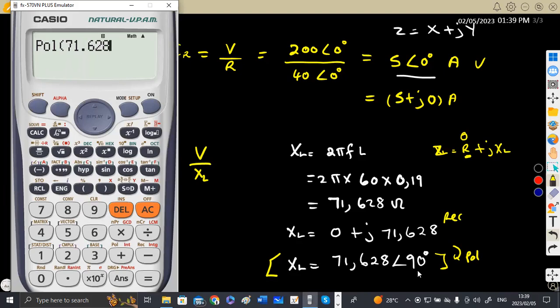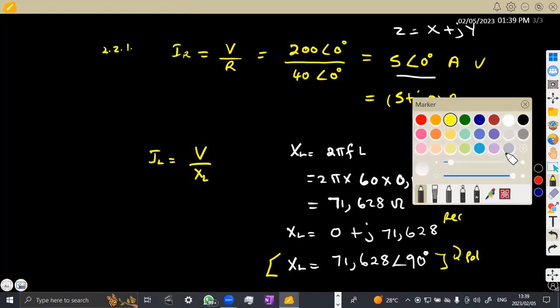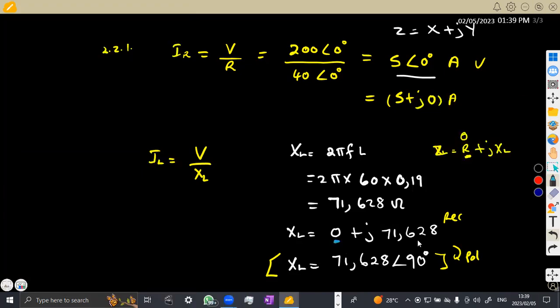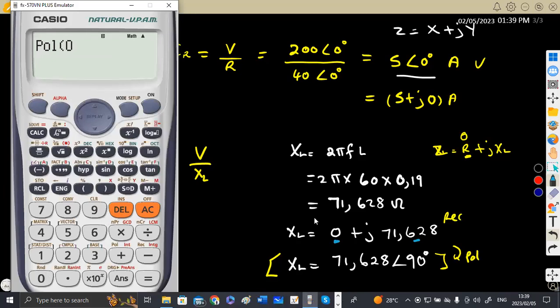Sorry, I'm writing the other way. We are converting from rectangular. We want this one 0 and this one 71.628. So this is 0. Then you separate these with shift, comma, like that: 0, comma, 71.628, and you close the bracket.